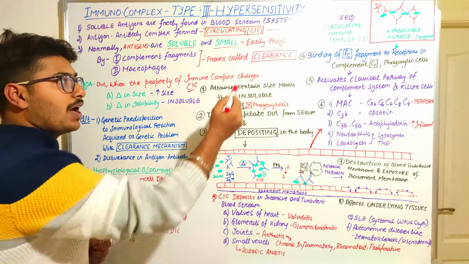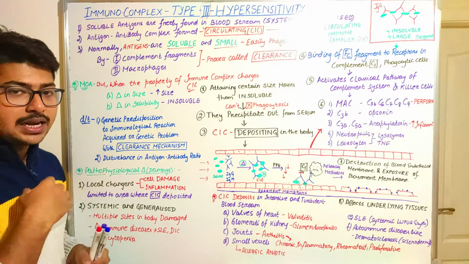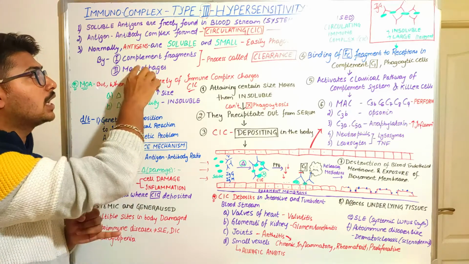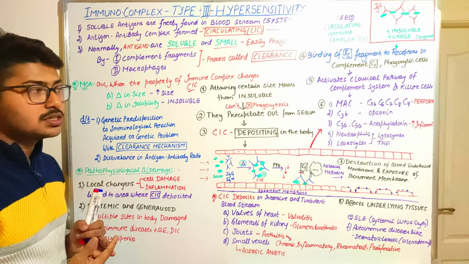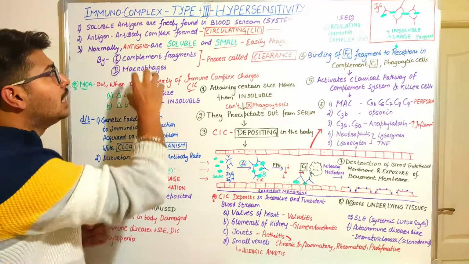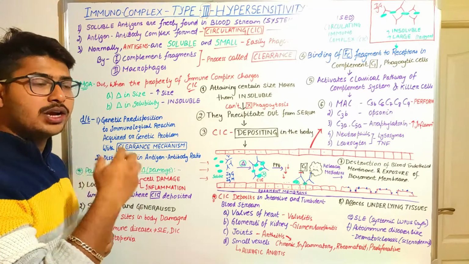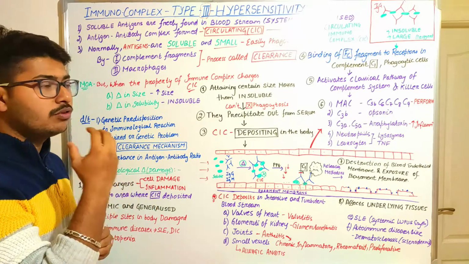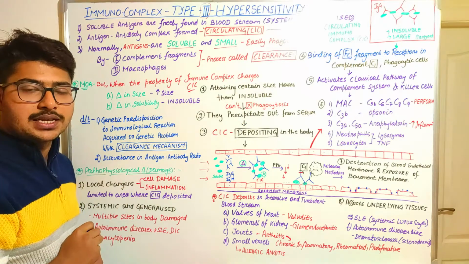They will be phagocytosed by certain cells present in the blood vessels, like through the activation of complement fragments, or they can be phagocytosed by the macrophages. This process of eliminating the antigen antibody complex normally, in a healthy condition, is called the clearance mechanism.